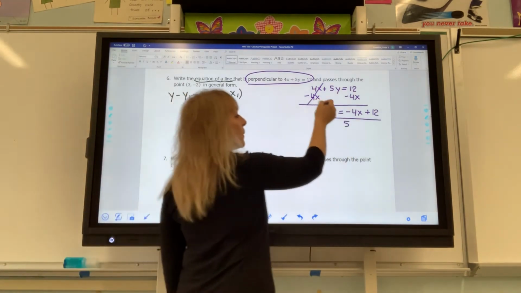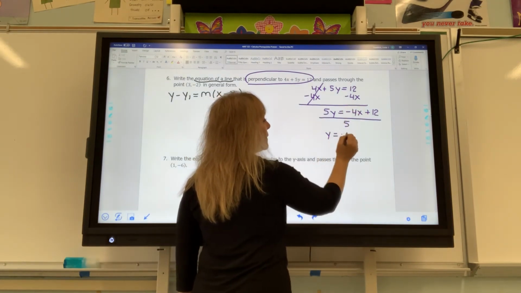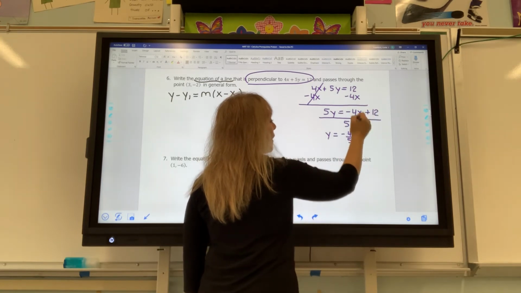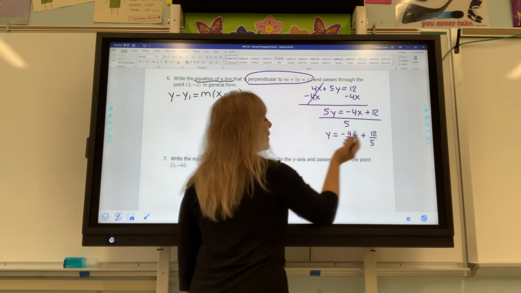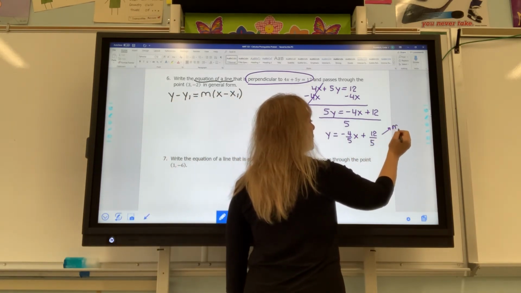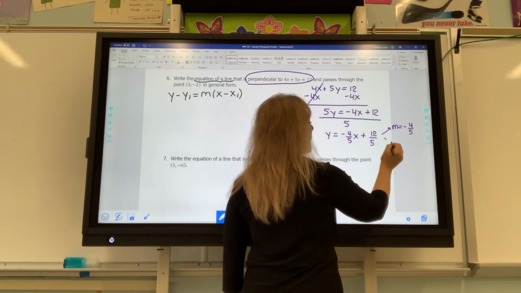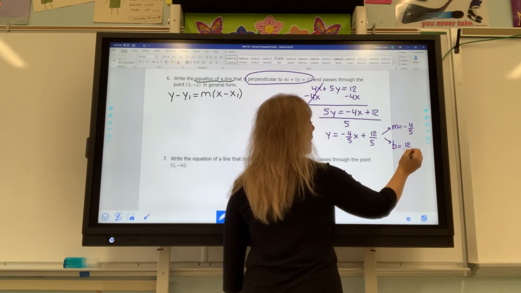So on the left, when I divide, I get y. In the middle, when I divide, I get -4/5 x. And on the far right, when I divide, I get +12 over 5. This equation has a slope of -4 over 5, and it has a y-intercept of 12 over 5.